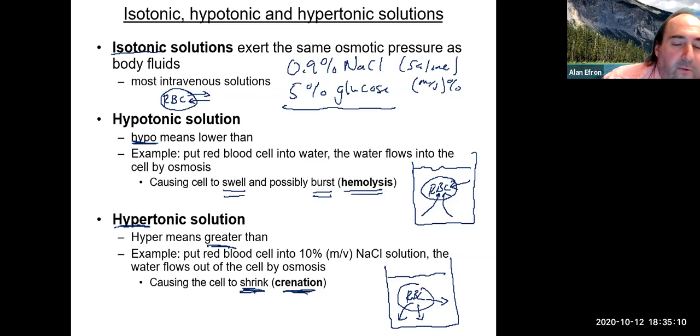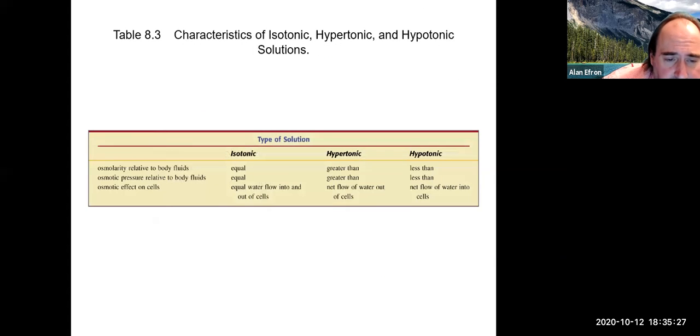Again, you want to remember these two numbers here. These are the numbers that help us determine whether or not something is isotonic or hypotonic or hypertonic. So for example here, let's say we take a red blood cell and we put it in a 5% sodium chloride solution.